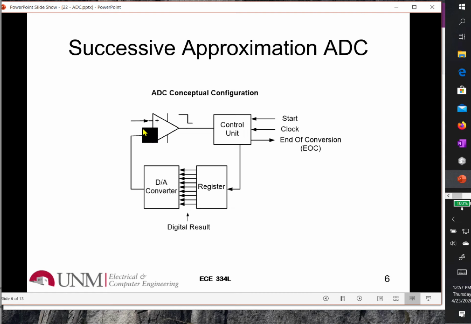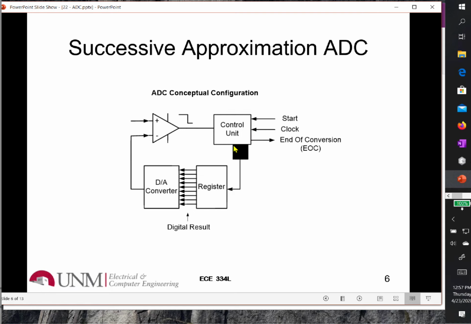So I have my unknown signal coming in on the positive terminal. I have a known signal that is generated by a D to A converter. And so I need to come up with some way to implement an analog signal using binary values. The way this system works is I have my unknown, and this control unit, I give it a signal to start.